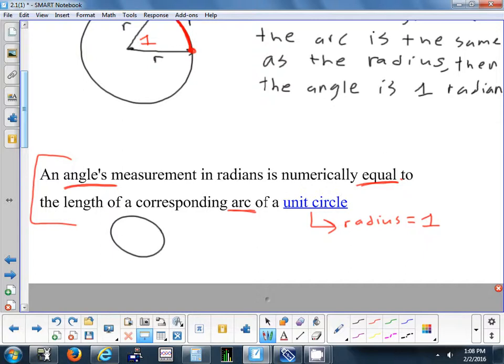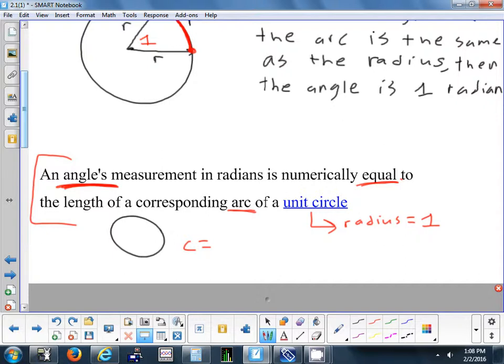What did I say earlier you normally call that? If it's an arc that goes all the way around a circle? It's the circumference. Now, if we can figure out the circumference of the unit circle, we'll automatically know the angle that goes all the way around, because they're exactly the same. So, does anyone remember the formula for circumference?